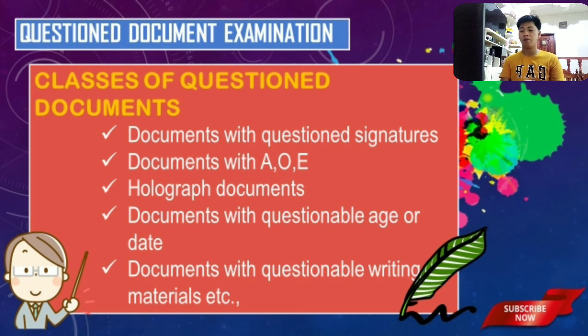Documents with questionable writing materials, no? That's the same thing kasi kanina with regard to age and date, ito naman is writing materials that usually, ano ba yung pinuprove ng writing materials, no? Una is that is still age or date of that certain document. Kasi you cannot claim right now, no, that the document is already 100 years old.